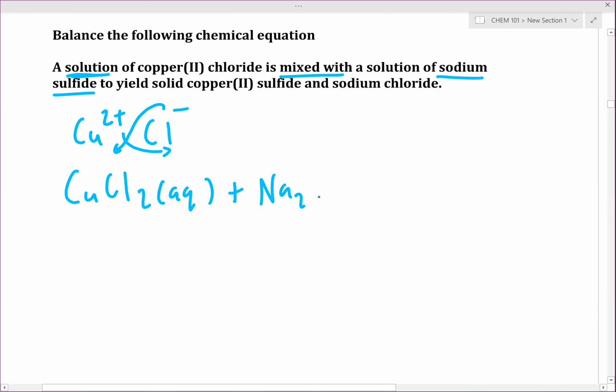Na2S. Okay. So just as a refresher, sodium is Na plus. The ide ending, does that signify a polyatomic or a monoatomic ion? Monoatomic. So we have Na plus and S2 minus. We cross our charges. That gives us Na2S, and it's a solution. So we put the aqueous symbol.